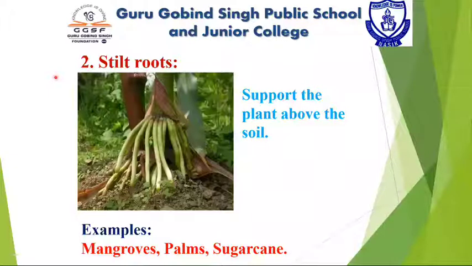Another example is roots of sugarcane. Because of their appearance and because they provide the main physical support to the plants, they are called stilt roots. These roots also have many pores through which atmospheric oxygen enters into the roots.